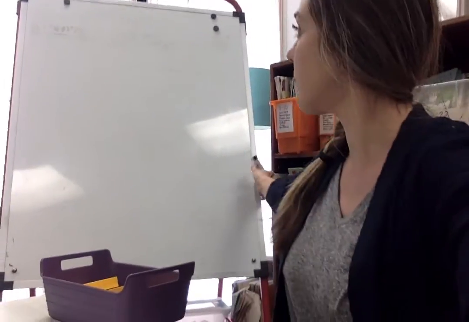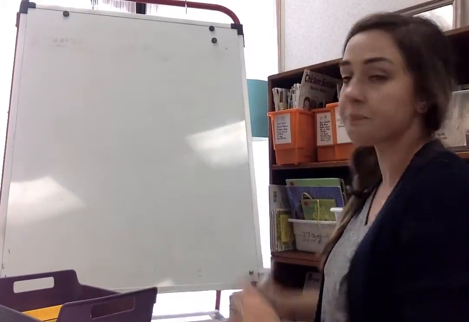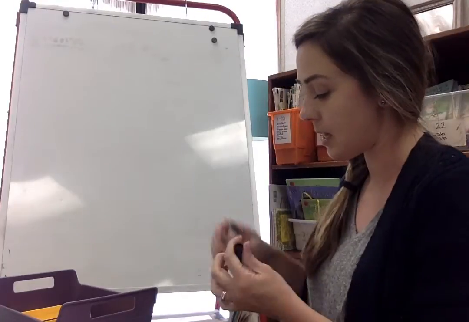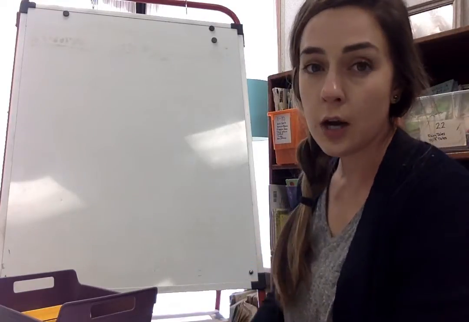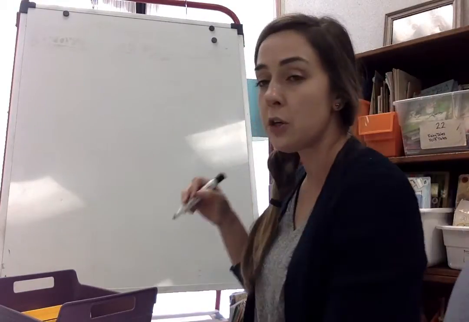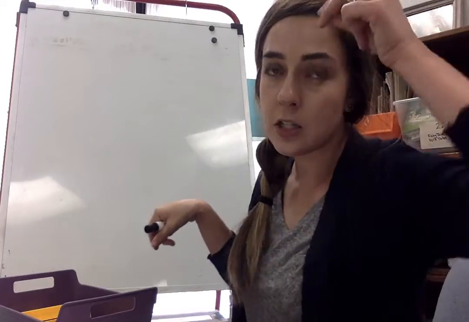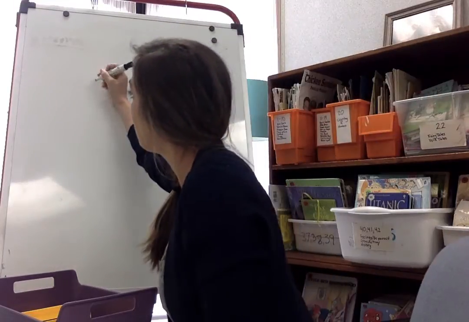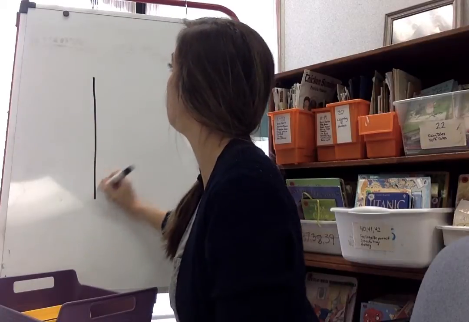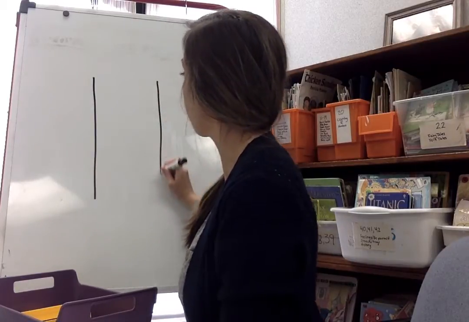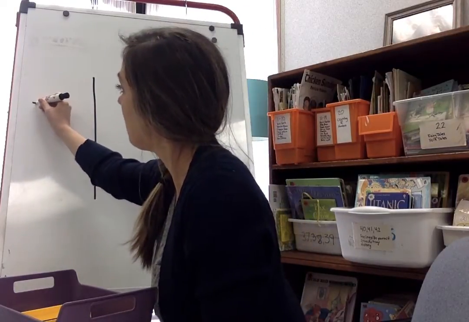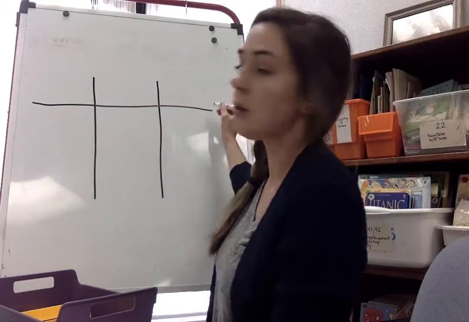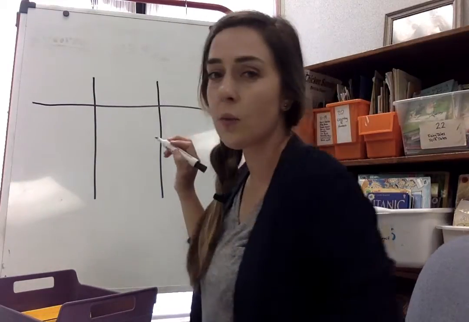So here we are. I believe you can see my easel, and I'm going to draw my different place values. And if you know what these things stand for, I want you to just keep it in your head. All right, so think about what I'm doing, what it stands for.